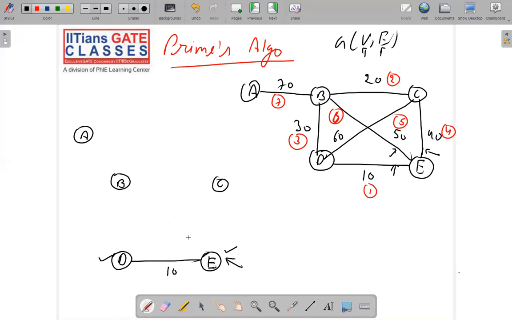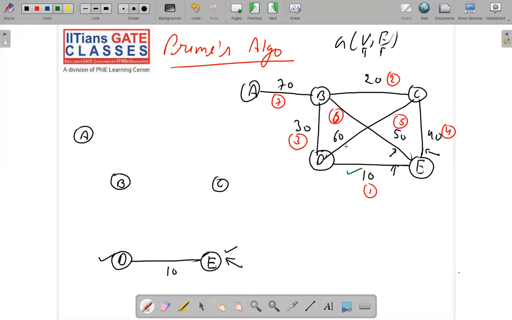Now we will pick all the edges which are on D and E, and we will pick the minimum out of those. Let me highlight those edges. This one we have already selected.